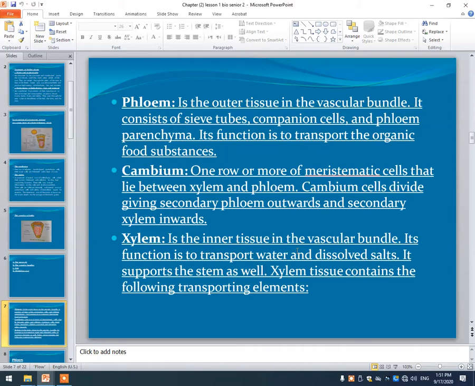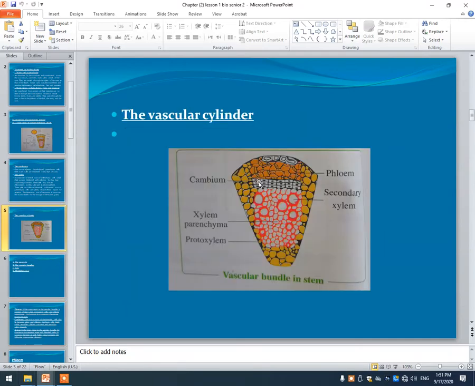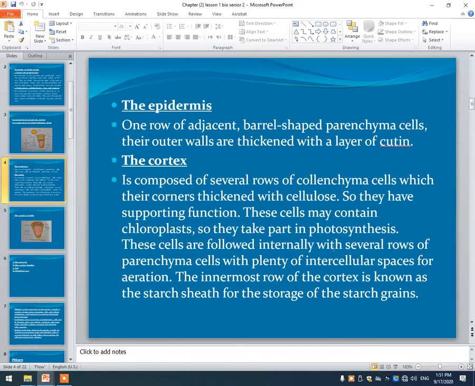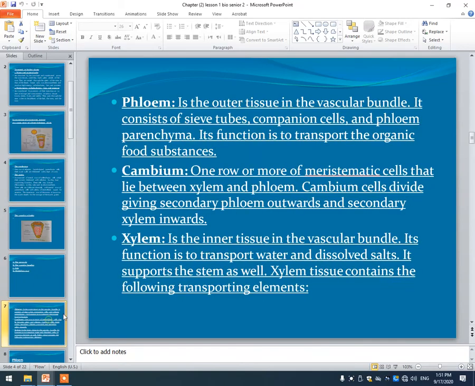Also cambium. It is one row or more of meristematic cells, between the xylem and phloem, that divide. What's the function of cambium?